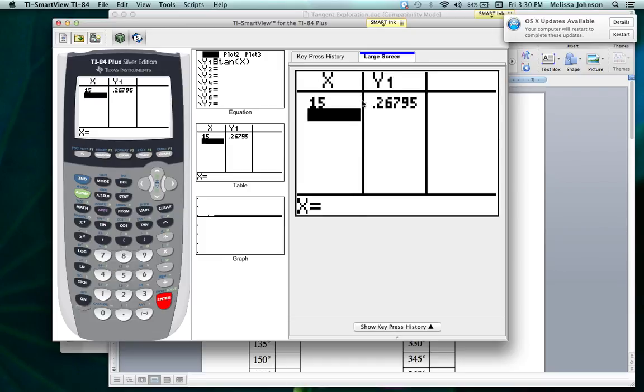It will then calculate the values for you a lot quicker than if you were on a blank screen and typing them in, continuing to hit tangent.